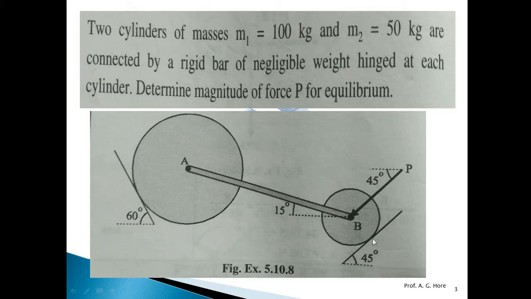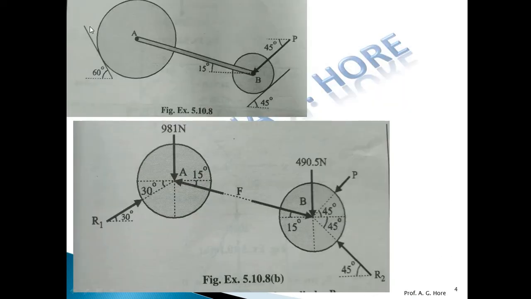Similarly here R2 is the reaction, and that reaction is perpendicular at this point B. The reaction makes 90 degrees with this inclined plane, so this angle is 45 degrees. So the reaction has an angle of 45 degrees with the horizontal. So by finding all the angles, draw the FBD separately.